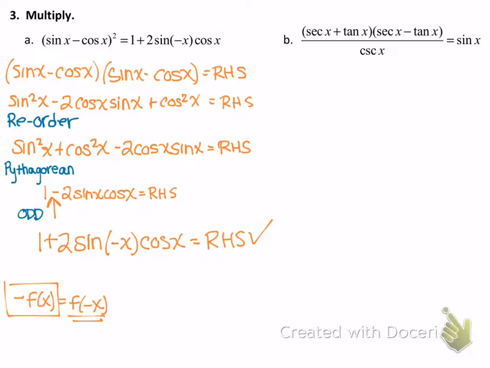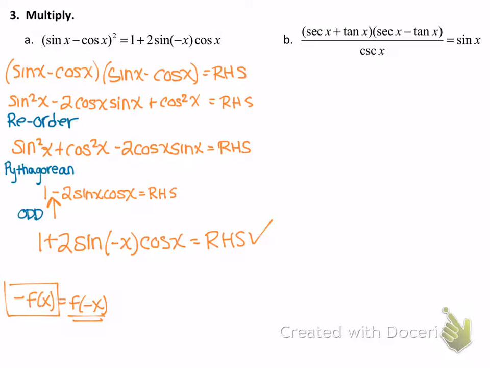Okay, so for B, it is already a binomial times a binomial on top instead of me having to create one like we did for A. But what I also noticed is that I have a plus and a minus, so this is going to look like the difference of two squares after we multiply.